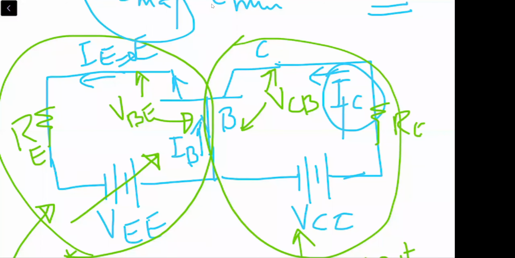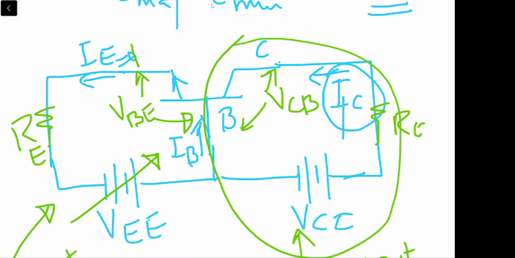So when we increase this voltage, we are increasing the value of current inside the circuit, right? Once we increase VEE, due to the increase in VEE, the current, let's suppose, increases from 0 to 1 milliampere, right?